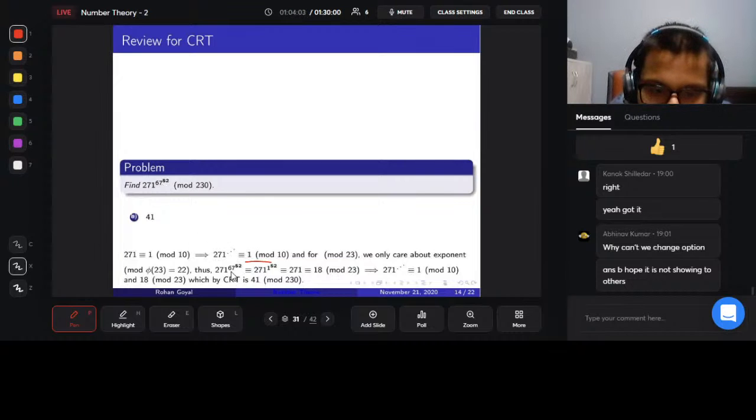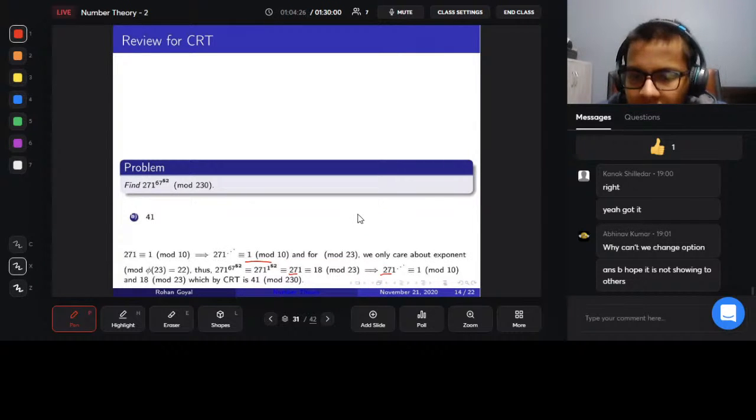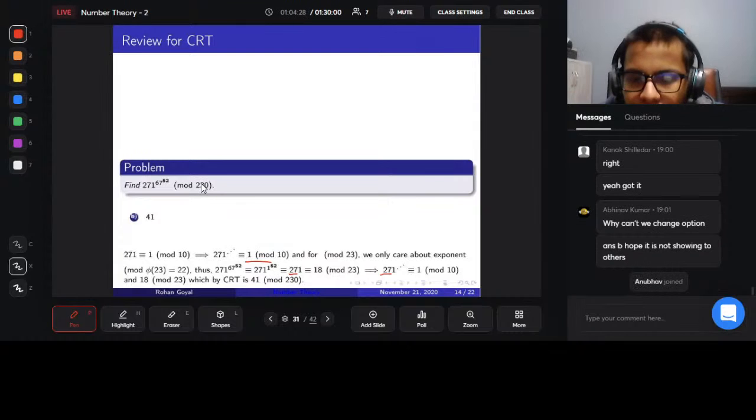So this becomes 271 to the power 1, which is 271, which is 18 mod 23. So whatever it was, the answer was 1 mod 10 and also 18 mod 23, which you can already see directly. Here we had 271, here also we just had 271. So our answer must be 271 only. 271 mod 230 is 41. So that's our final answer.